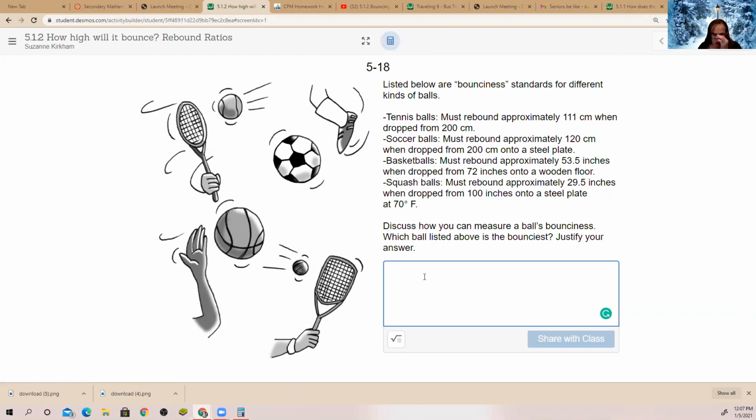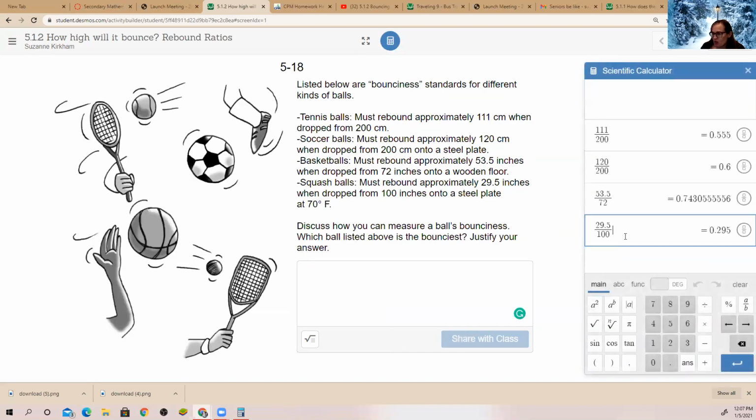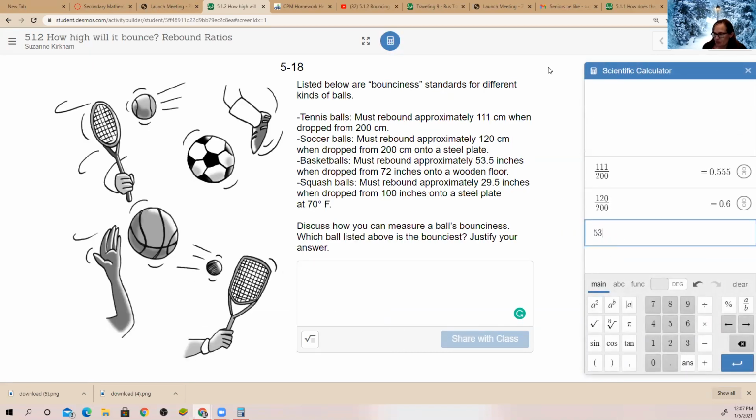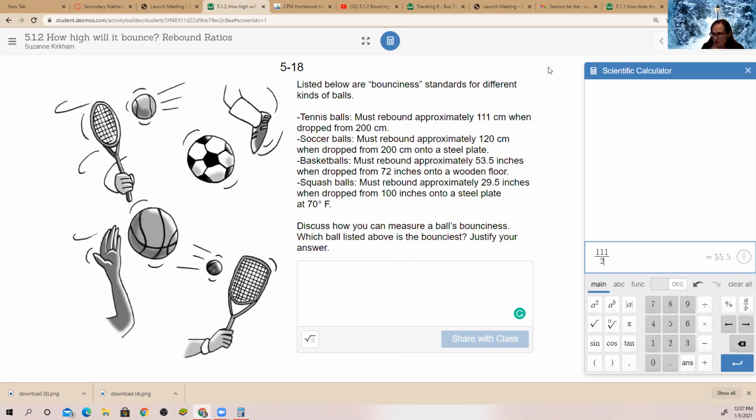Okay, so what we can do is we can take the information, and we will put in the rebound height first. So the first one says 111 centimeters when dropped from 200 centimeters. So we take 111 and we divide it by 200.